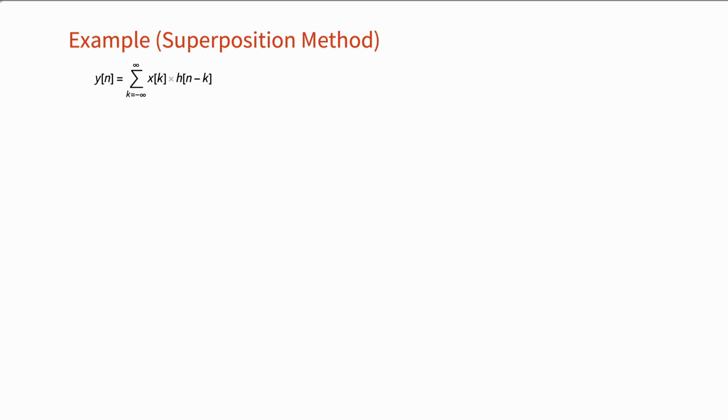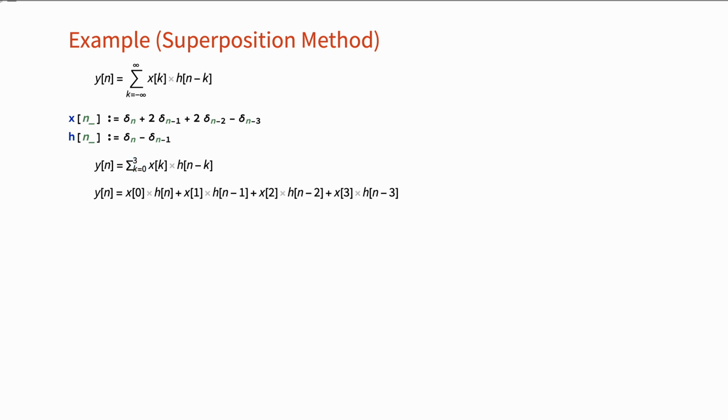Now, let's see an example to understand the concept of convolution and get more comfortable with performing the operation through some visualizations. For an LSI system given its impulse response, we want to find the output response of the system to the input sequence x[n] as defined here. x[n] consists of 4 samples, and so the convolution sum will also have 4 terms, from n equal to 0 to n equal to 3.